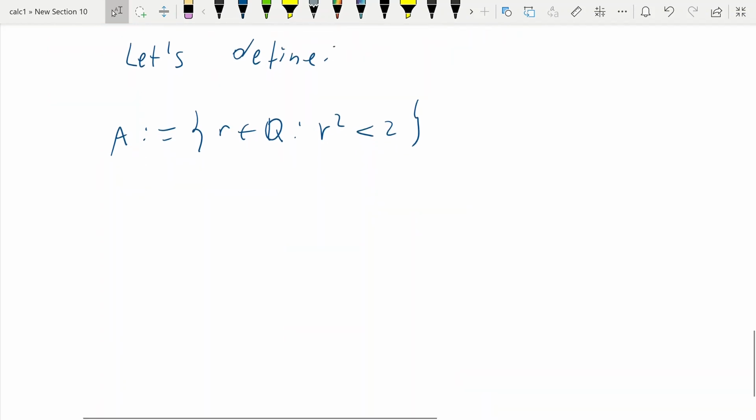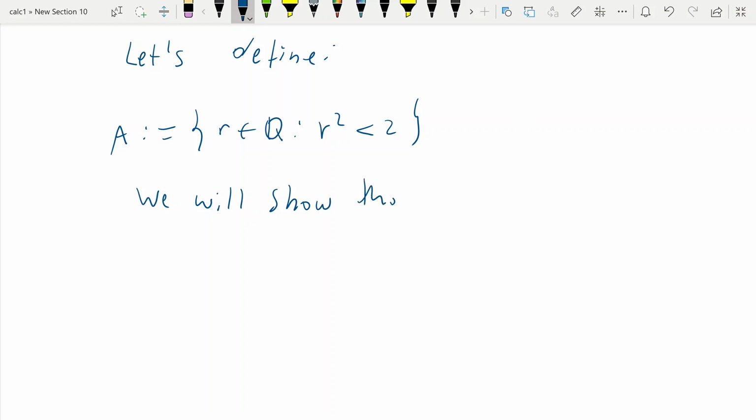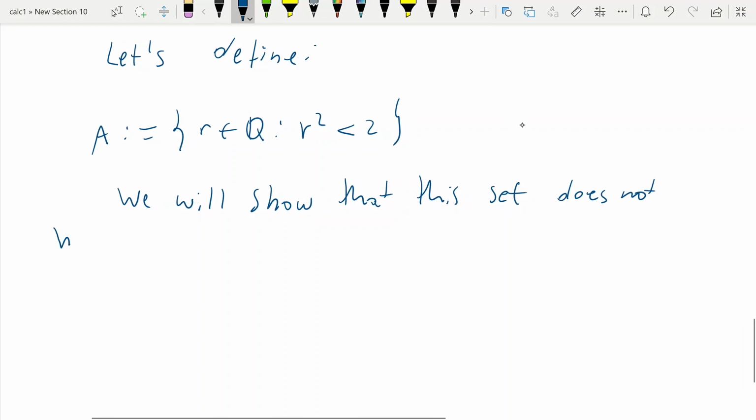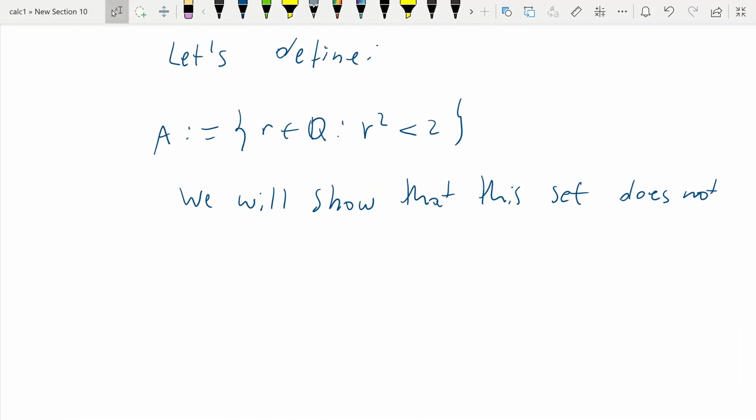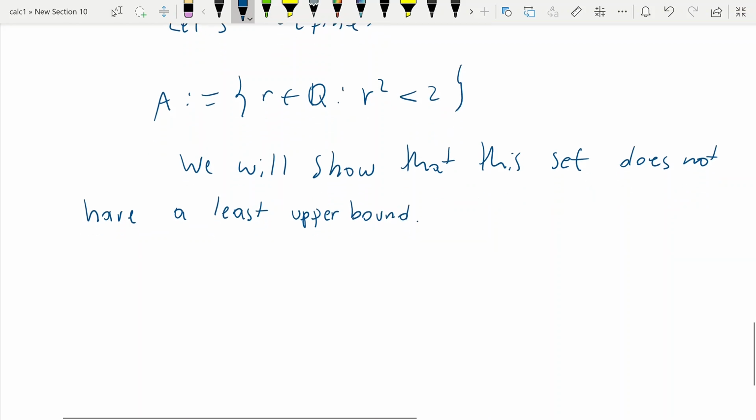Then we will show that this set does not have a least upper bound in Q.